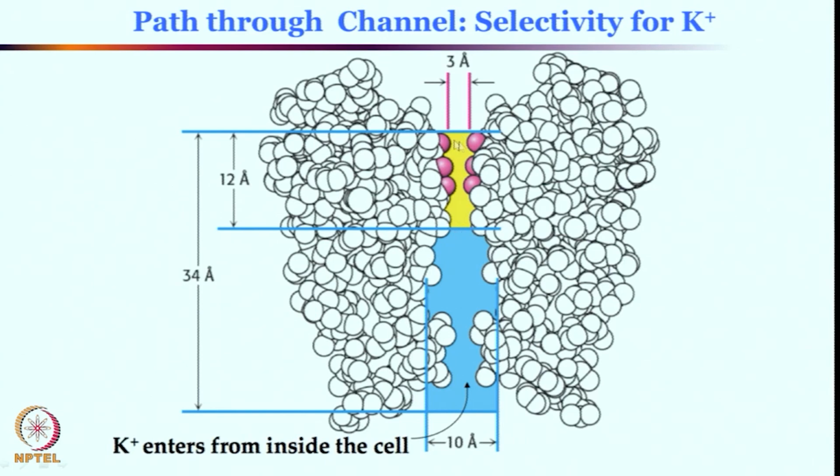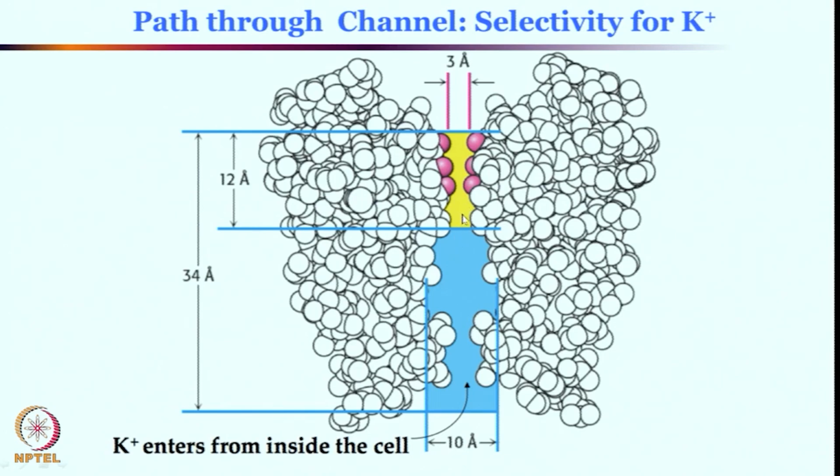So if you have a very narrow passage, this ensures that the bigger metal ion will not be passing through this narrow passage. So one can perhaps think of the average radii; if the radius is something like 1.5 angstrom, this channel will not be able to pass those metal ions.